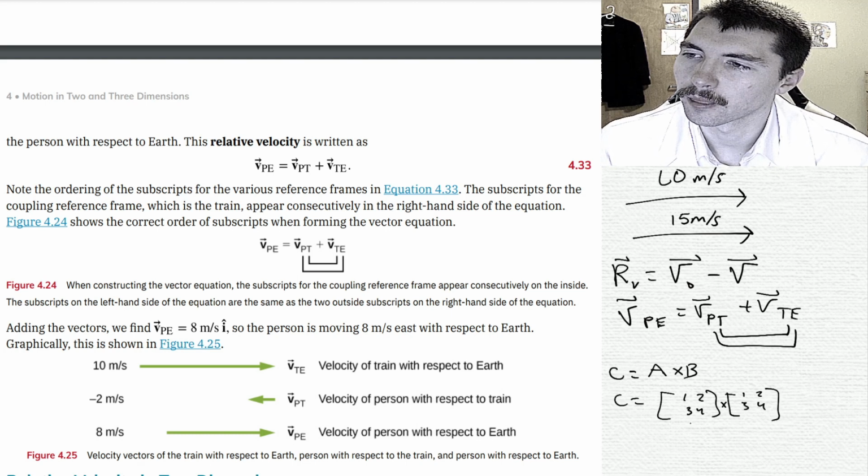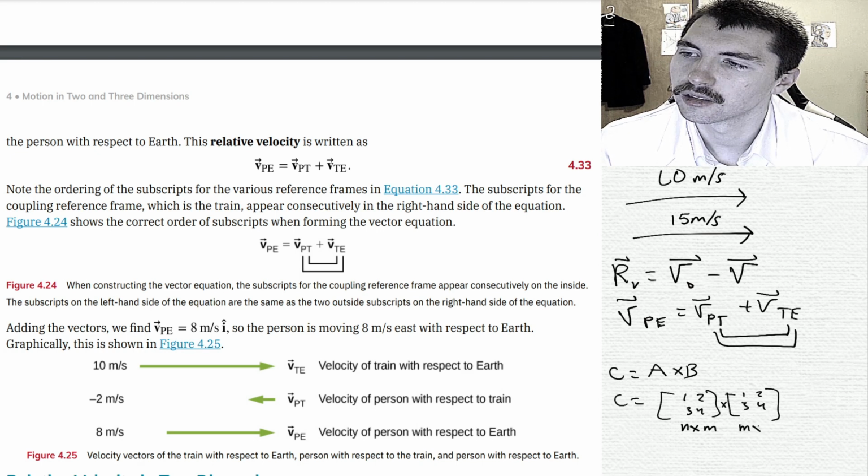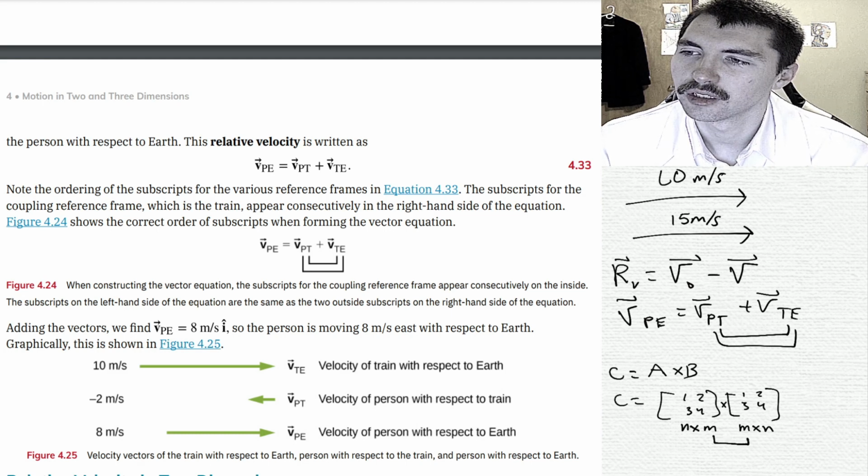Okay, so this is an n by m matrix, and this is an m by n matrix. It's probably hard to see with the squares, but to do matrix multiplication, in this scenario n equals m, but if the dimensions were not right, you would do it like this.